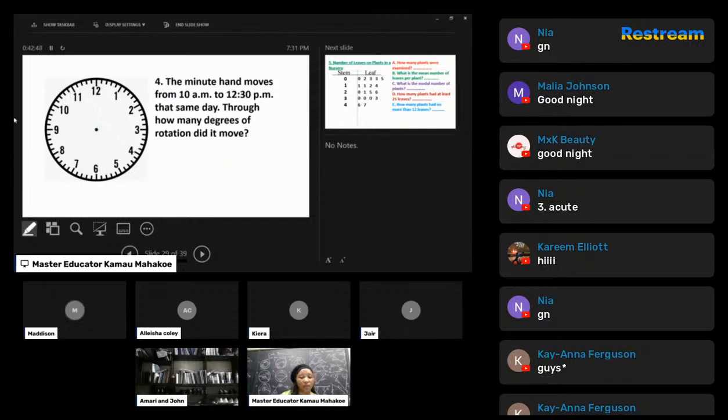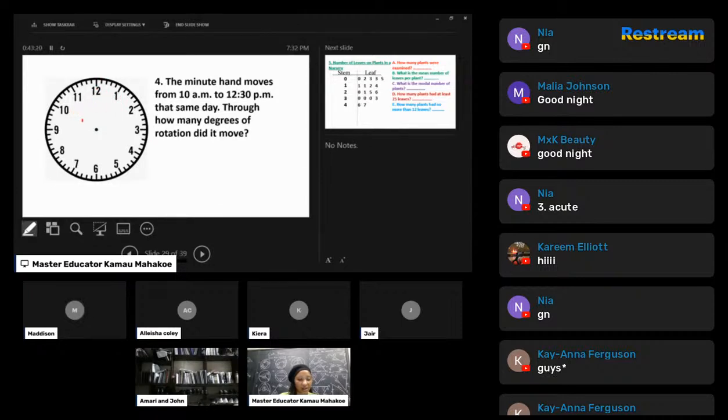All right, so what do we say for this one? From 10 a.m. to 12:30 p.m., through how many degrees of rotation? Miss, I say 545 because it went one rotation then another half rotation.